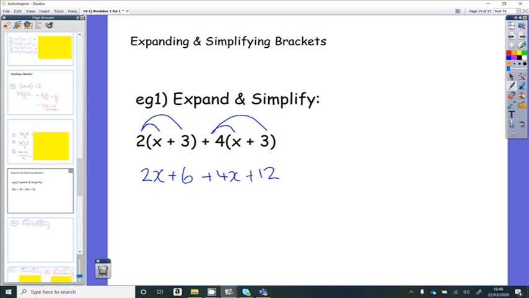So that's expanding, we've got rid of the brackets, and now we move on to the simplifying where we gather the like terms. So gathering up the x's, so 2x and 4x is 6x, and plus 6 plus 12 is plus 18.